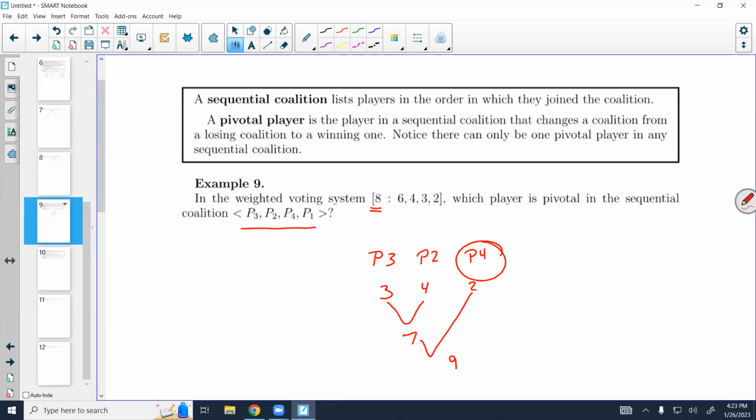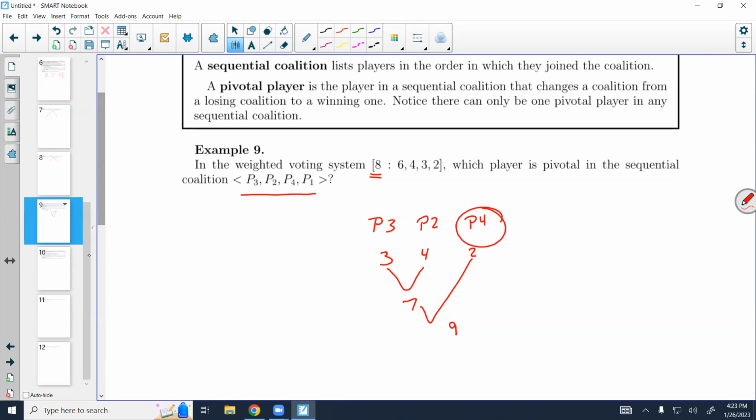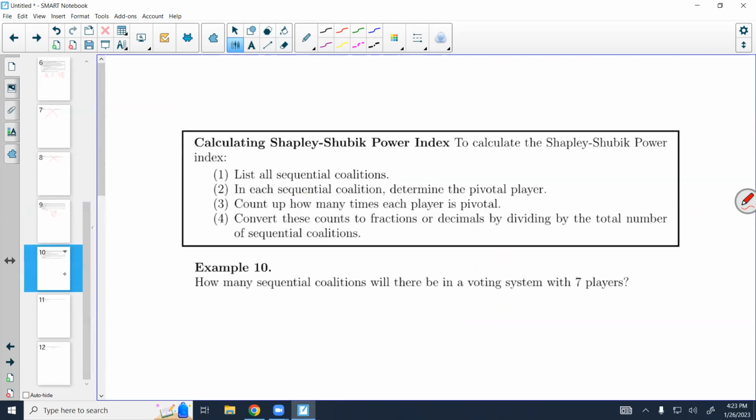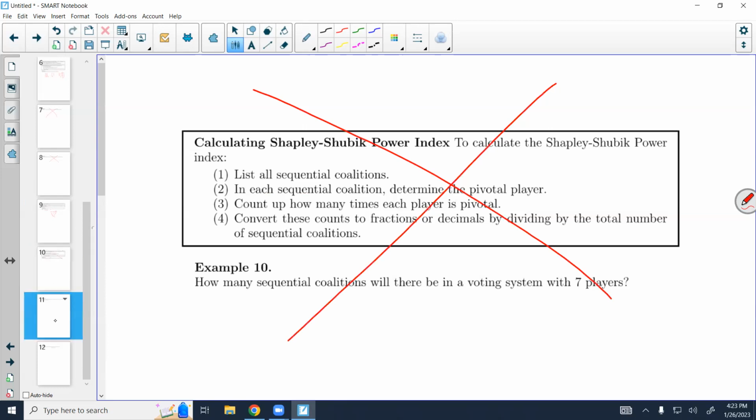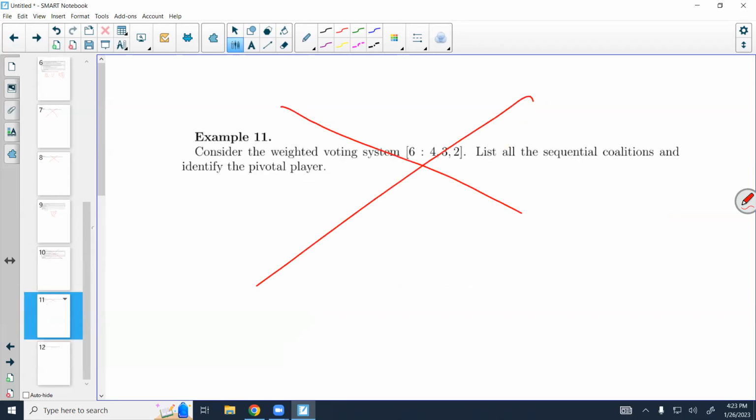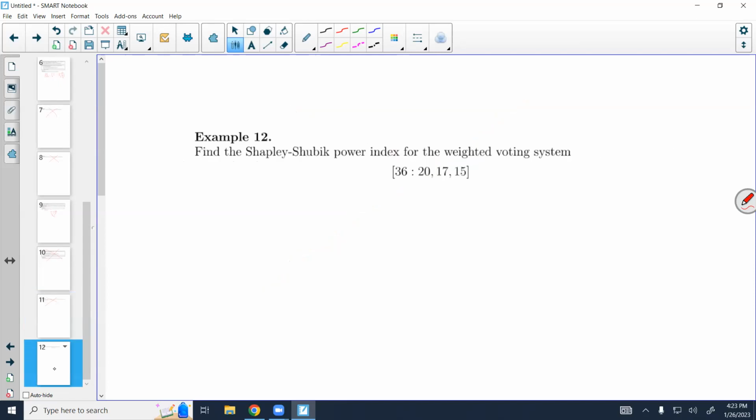Everybody follow that? Okay, here's another one. If you want to look into this, it is in the textbook. I didn't realize that was such a short chapter.